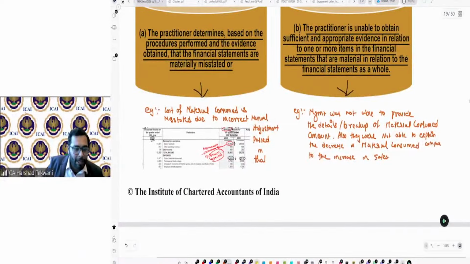So the term I'm using here is sufficient and appropriate evidence.